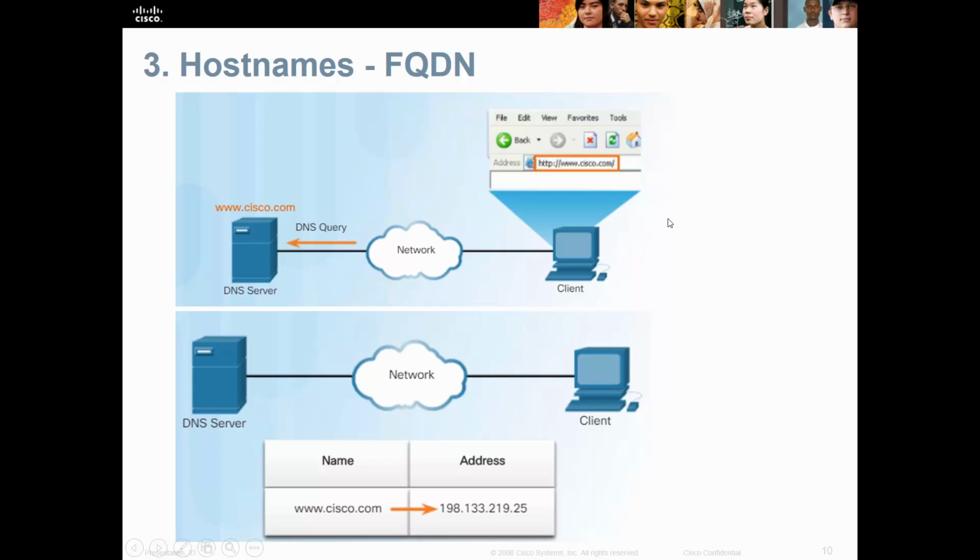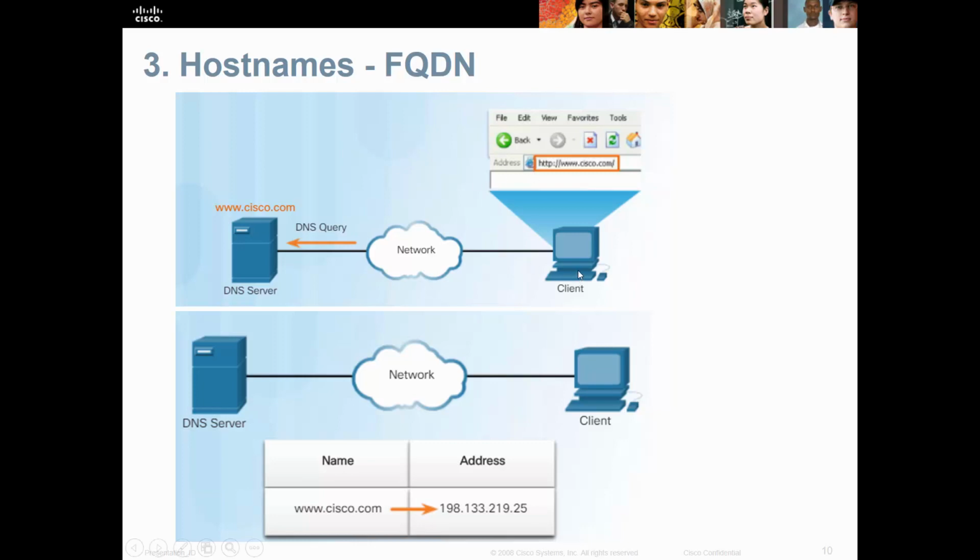Now when you do that, although we like names, computers and devices on the internet, routers, switches, prefer physical and logical addresses. So they don't like to use names like we do. They like to use those logical addresses that we discussed and physical addresses.